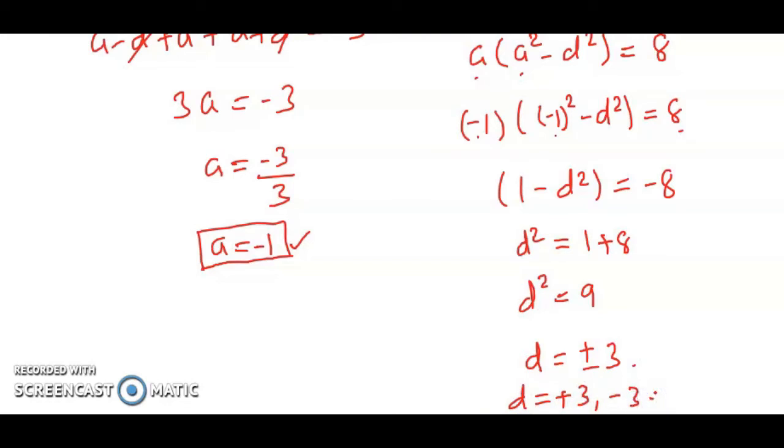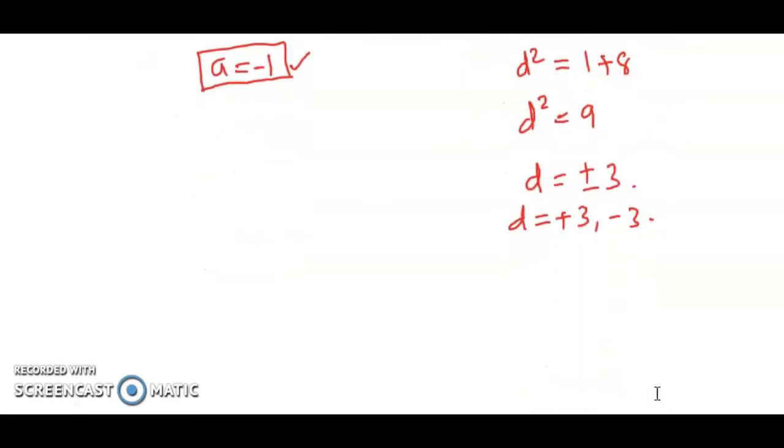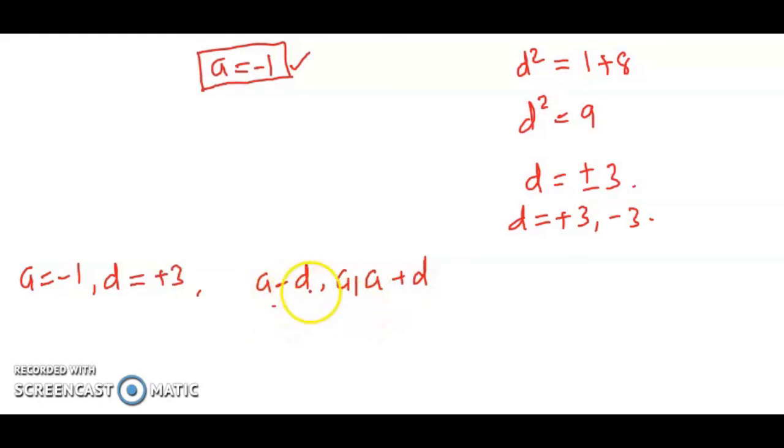So let's find out those numbers. For the first solution, we will take a equal to minus 1 and d equal to plus 3. So the first number will be a minus d, second a, third a plus d. If you put the values of a and d here, then you will get the first number: a is minus 1 and d is plus 3.